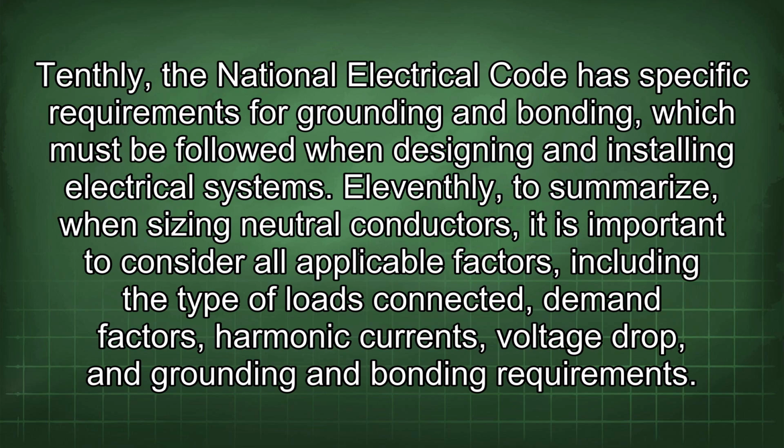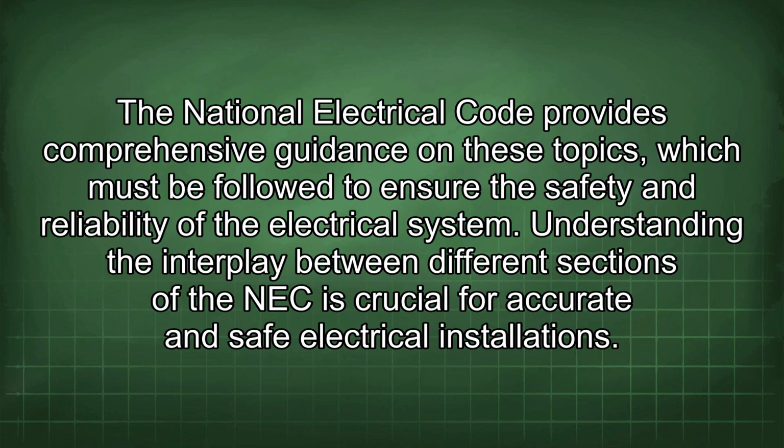Eleventhly, to summarize, when sizing neutral conductors, it is important to consider all applicable factors, including the type of loads connected, demand factors, harmonic currents, voltage drop, and grounding and bonding requirements. The National Electrical Code provides comprehensive guidance on these topics, which must be followed to ensure the safety and reliability of the electrical system.